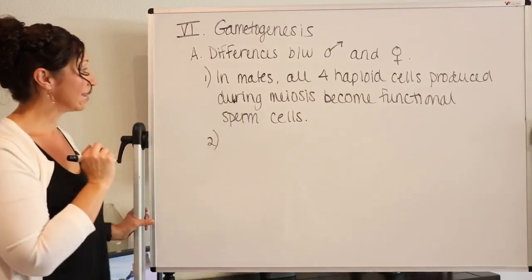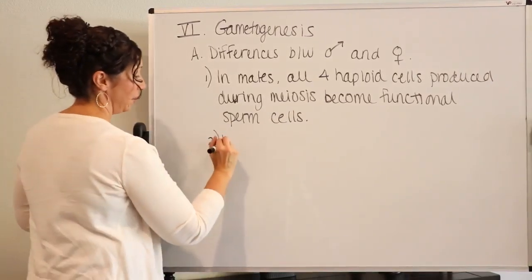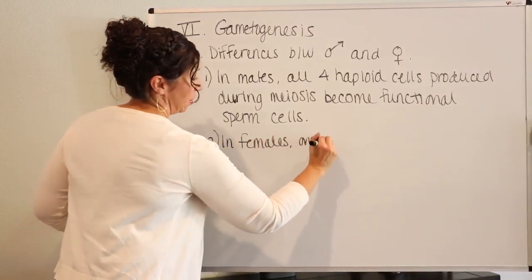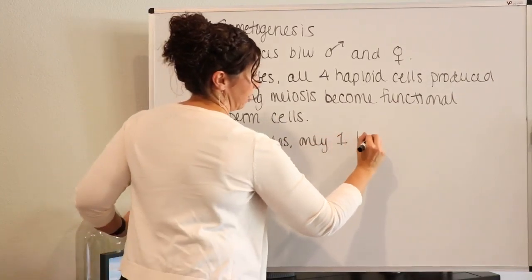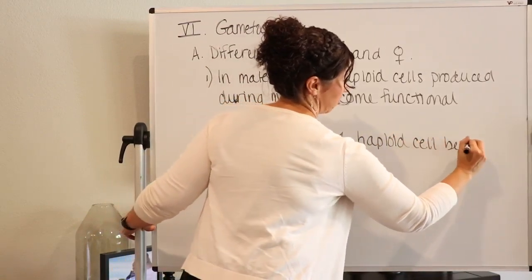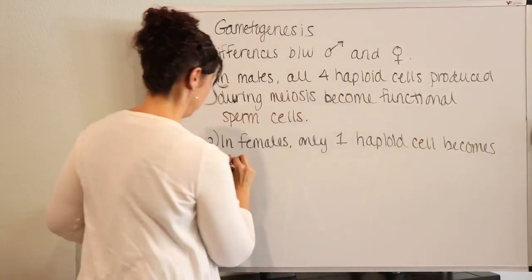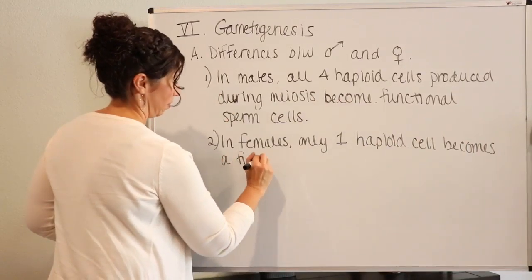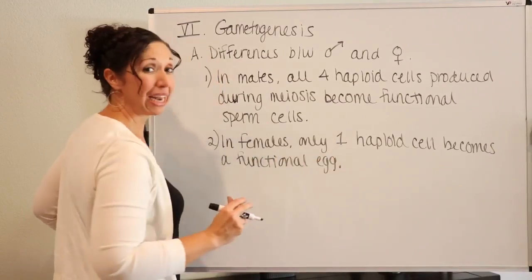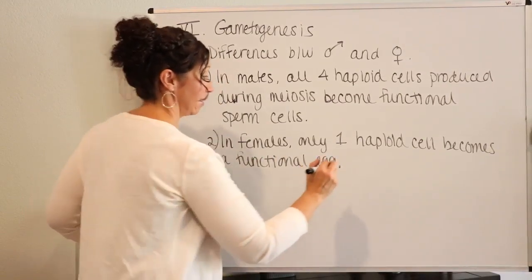In contrast, in females, only 1 haploid cell becomes a functional egg. The remaining 3 are called polar bodies.